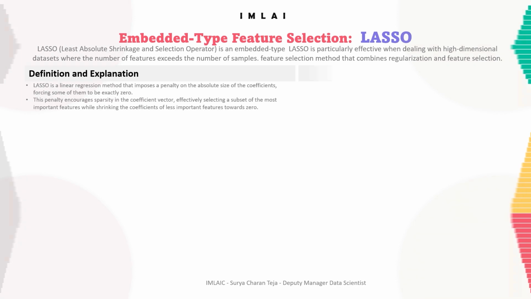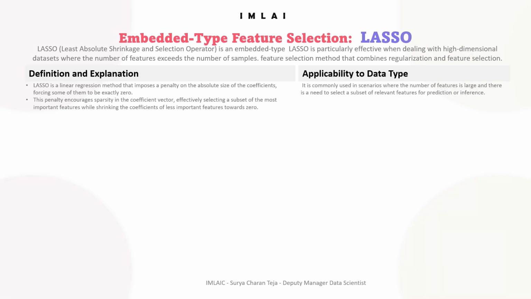Now let's look into the applicability of it. Lasso can be applied to single sample and multi-sample datasets. It's commonly used in scenarios where the number of features is large and there is a need to select a subset of relevant features for prediction or inference.